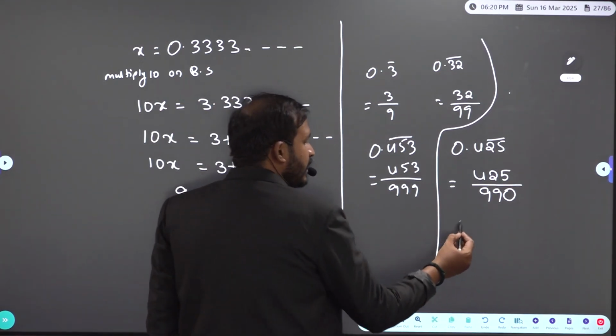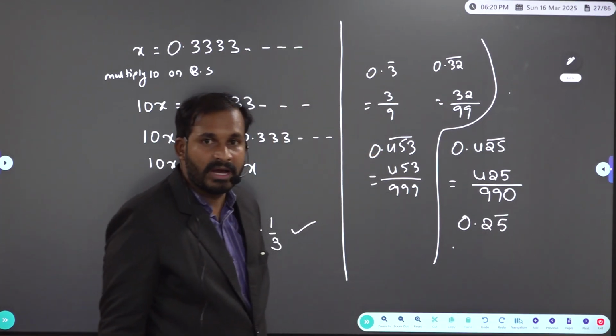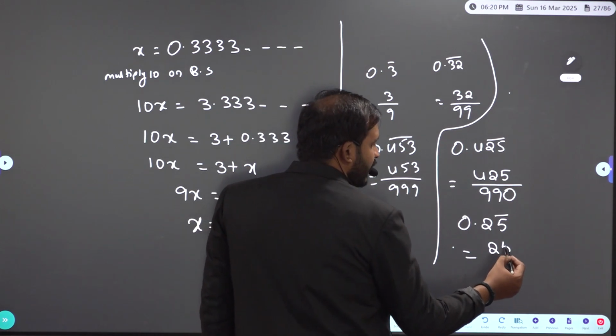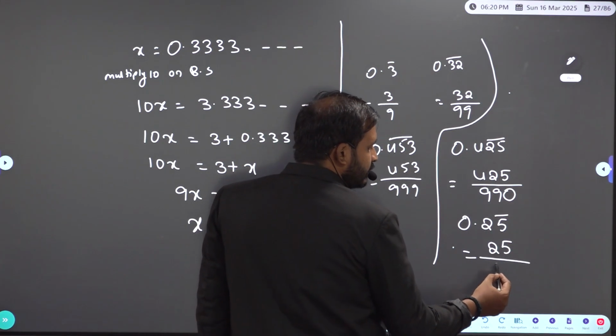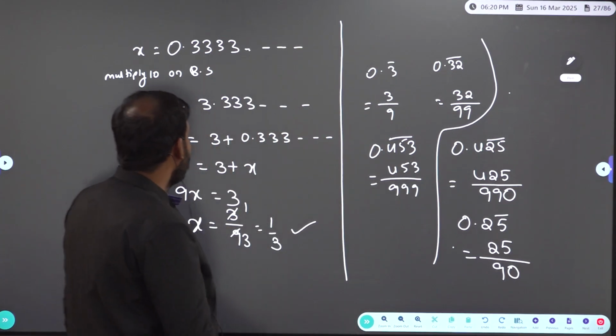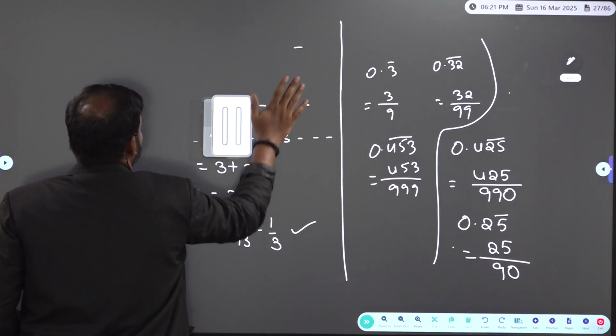For example, if I have 0.25 bar, where the bar is only for 5, then you need to write this as 25 by, 1 is repeating so 9, 1 is non-repeating so 0, that is 90. So 25 by 90.